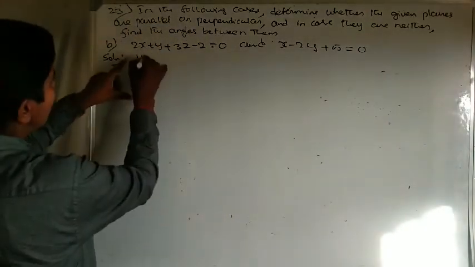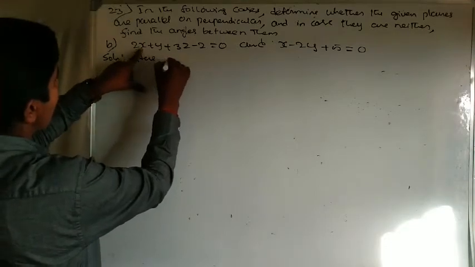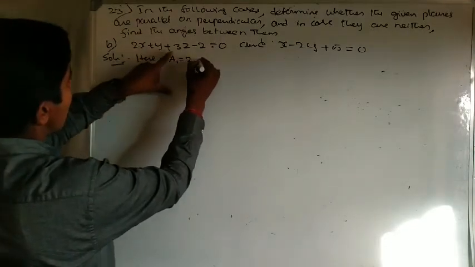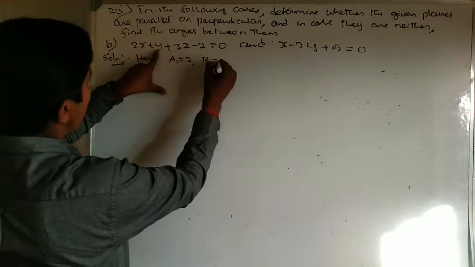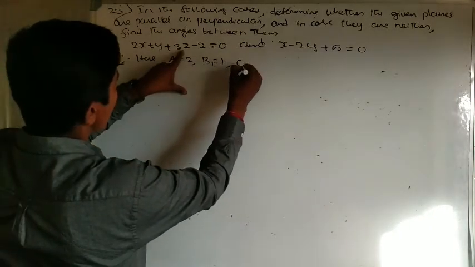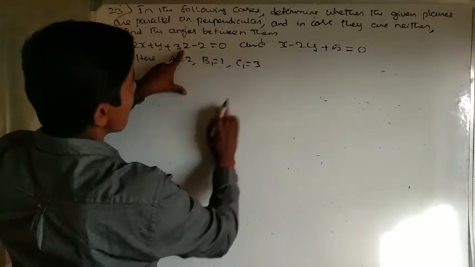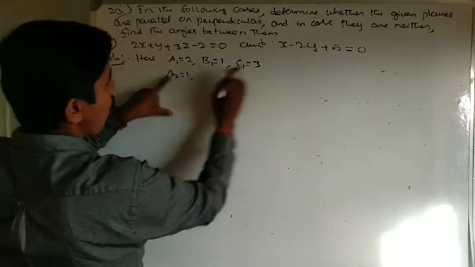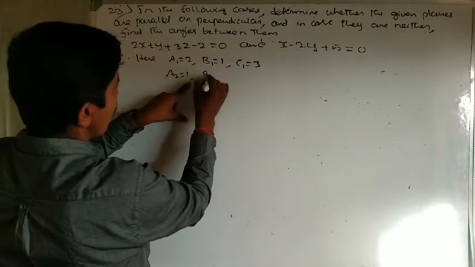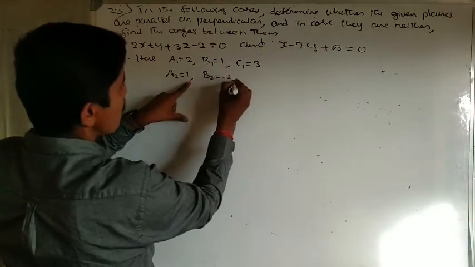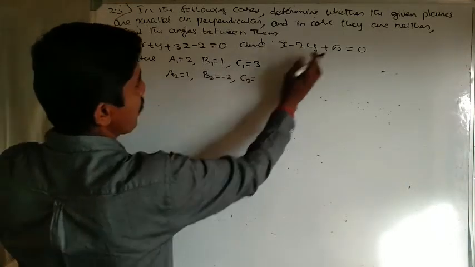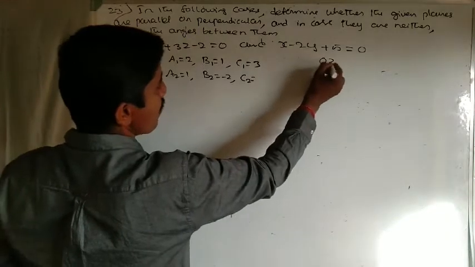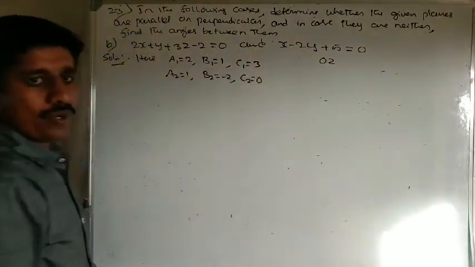Here a1 is the x coefficient, b1 the y coefficient is 1, c1 the z coefficient is 3. A2 is equal to 1, b2 is equal to minus 2, and there is no z term, so the z coefficient is taken as 0, c2 is equal to 0.